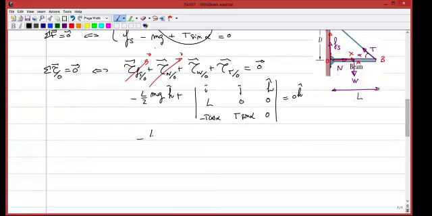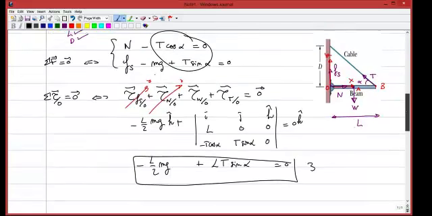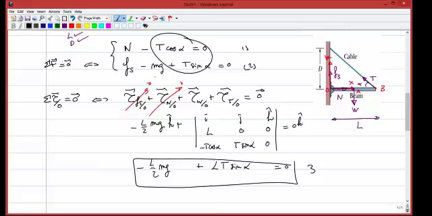Therefore, what's left is negative L over 2 mg k plus LT sine alpha k is equal to 0k. K shows up in every term. Therefore, we have now our third equation. One, two, three. The three unknowns are N, Fs, T. Boom, bada boom, easy. The rest is just math.